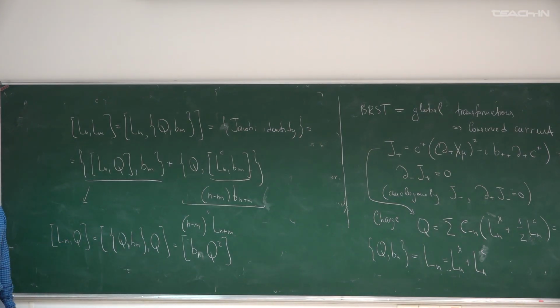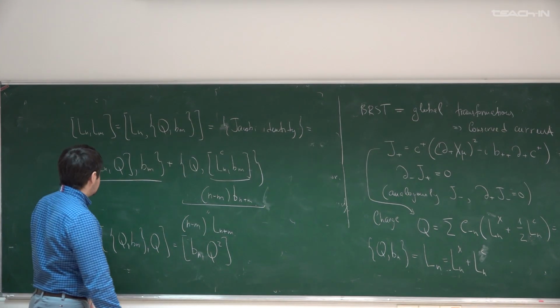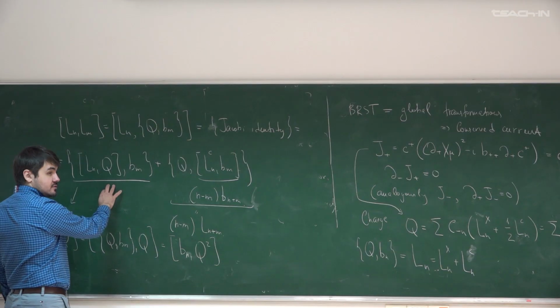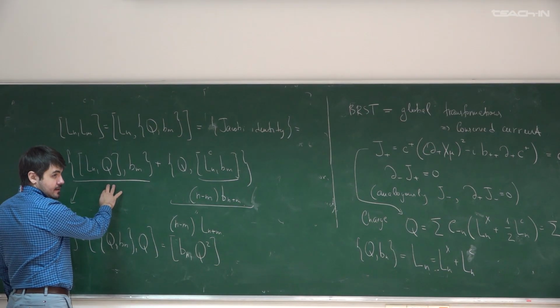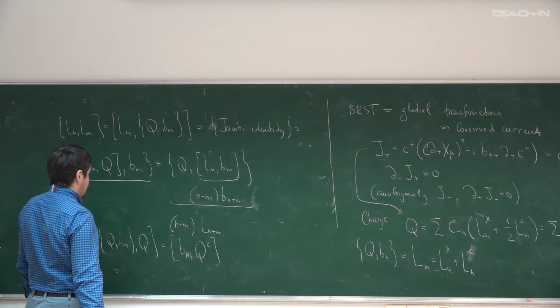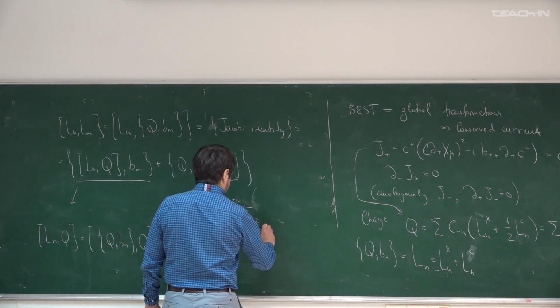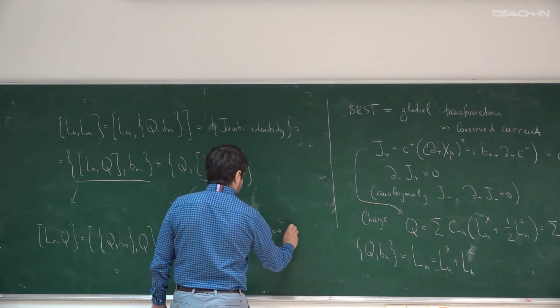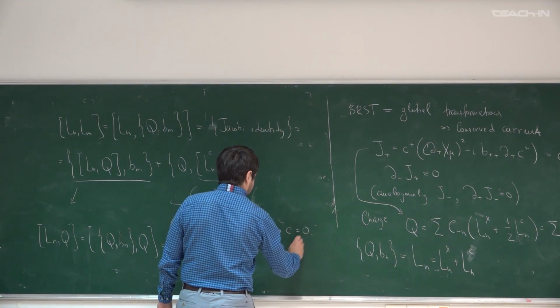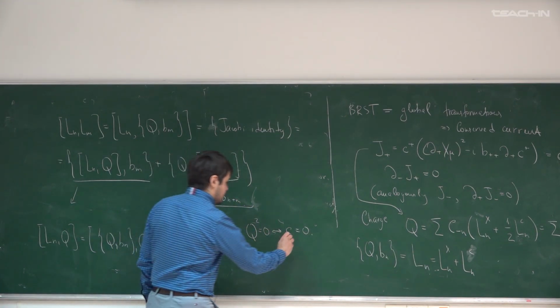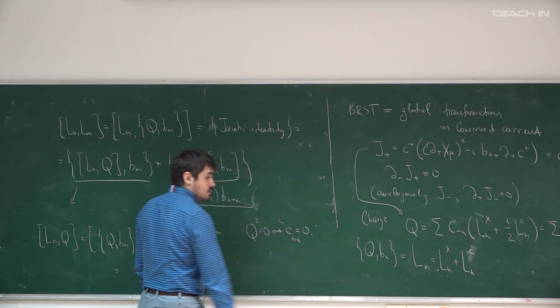So you see, if Q squared is 0, then this extra piece vanishes. Actually, Q squared being 0 is equivalent to the center of charge being 0, the full total center of charge.